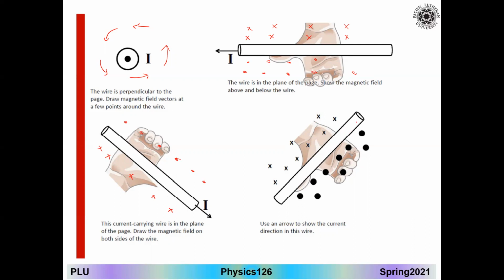So using the right hand, I fit my curled fingers to the magnetic field, coming out at the left side and the bottom of the wire and X at the top of the wire, and I look for my thumb direction. That is the direction of my current. So in this case, this is the direction of the current.